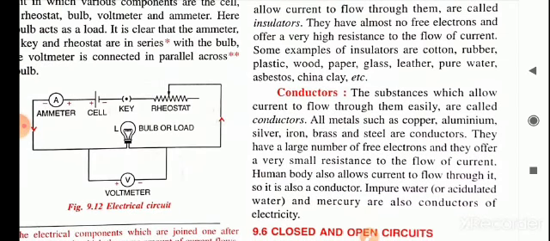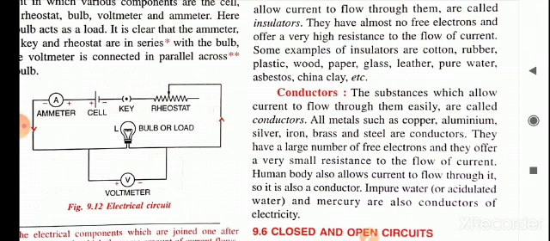Next point, conductors. The substances which allow the current to flow through them easily are called conductors. Those substances through which electricity can flow are called conductors. Very, very important point. All the metals like silver, copper, and aluminum, etc., are conductors.